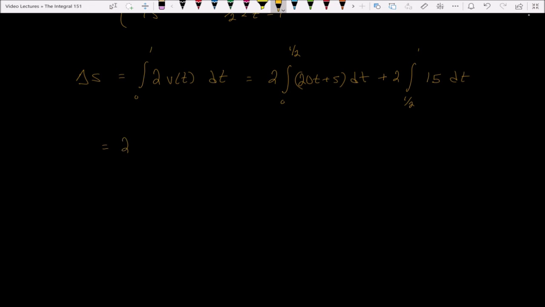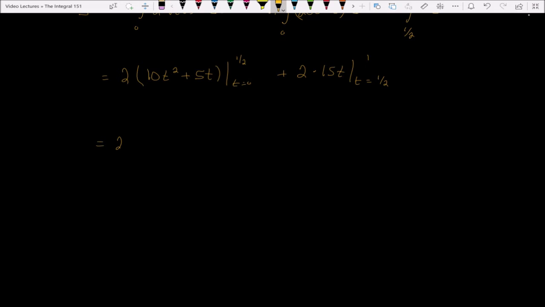Using the fundamental theorem, we get 2 times 10t squared plus 5t, t goes from 0 to a half. Then for the second half hour, we get 2 times 15t, t goes from 1 half to 1.